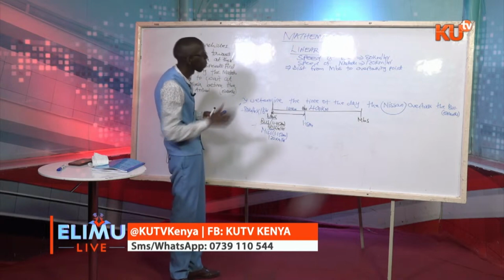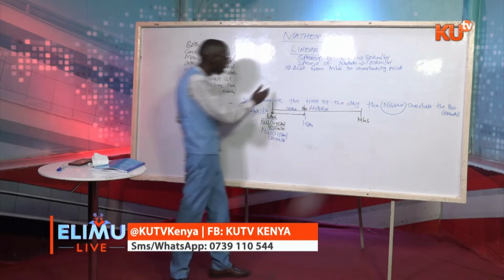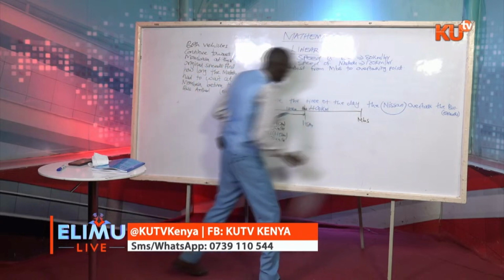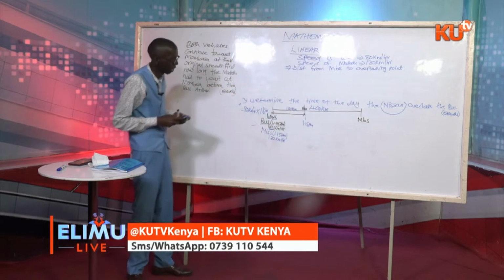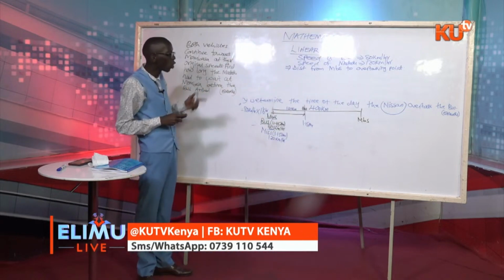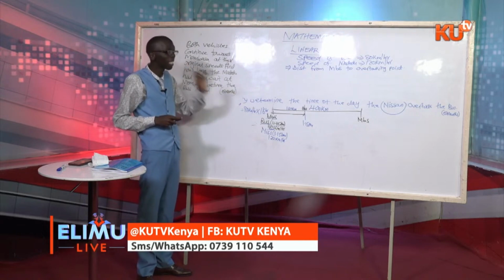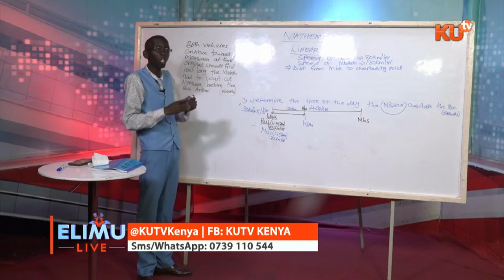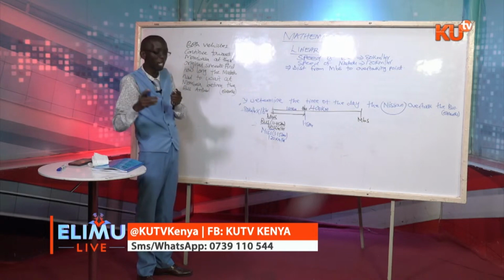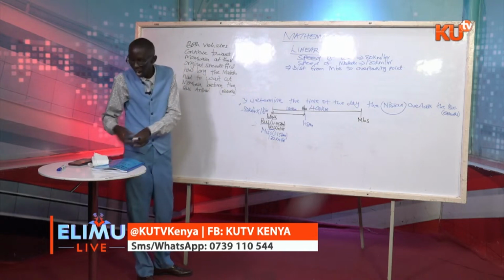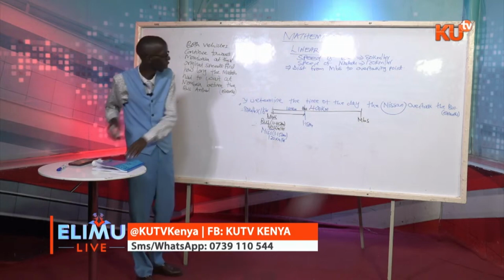How do we get it? We know the distance between Makindo and Mombasa is 400 kilometers. So we need to know the distance traveled by both vehicles at the overtaking point.